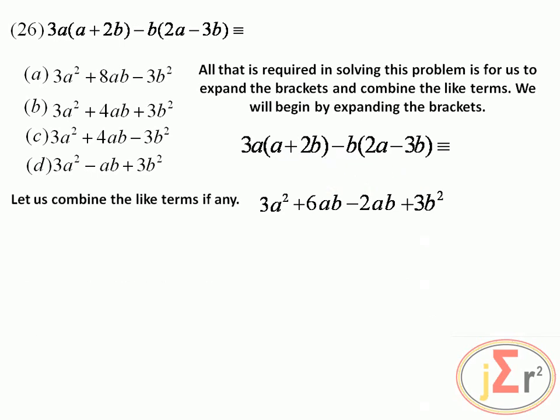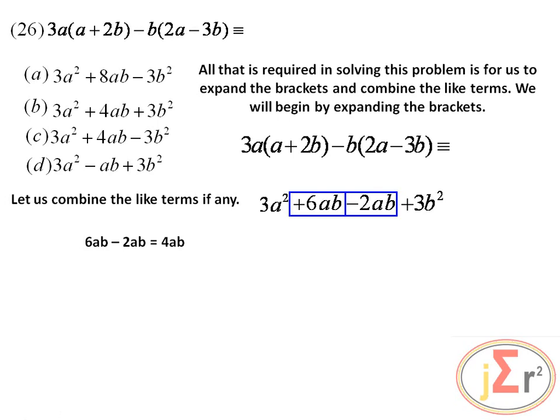Let us combine the like terms, if any. Can we identify any like terms? There we have them. Plus 6ab minus 2ab. 6ab minus 2ab is equal to 4ab. When adding or subtracting algebraic expressions, as we have right here, we combine the coefficients. The 6 and the negative 2 will give us a positive 4. The term is not affected in any way.